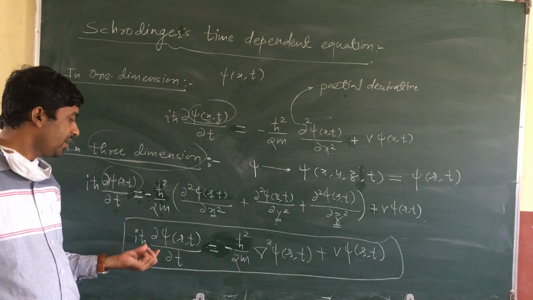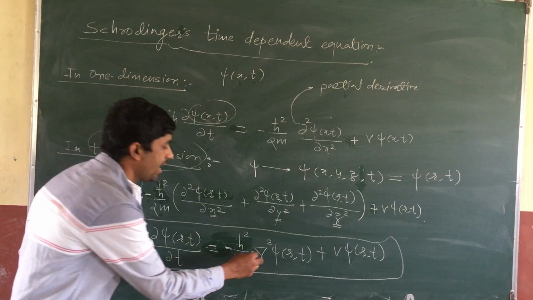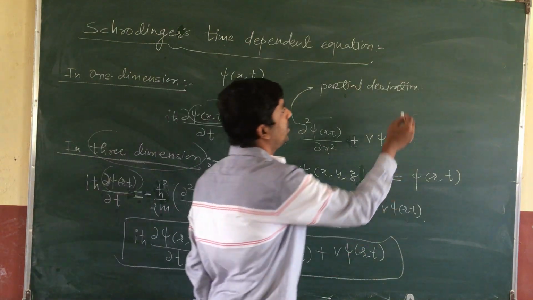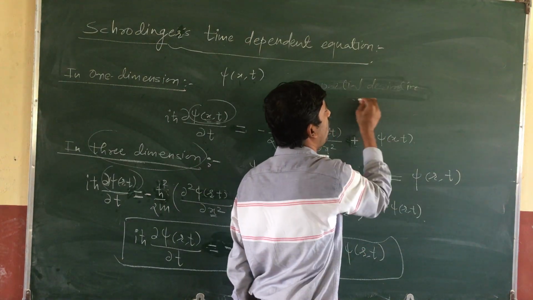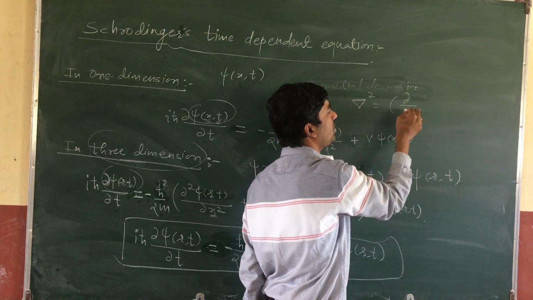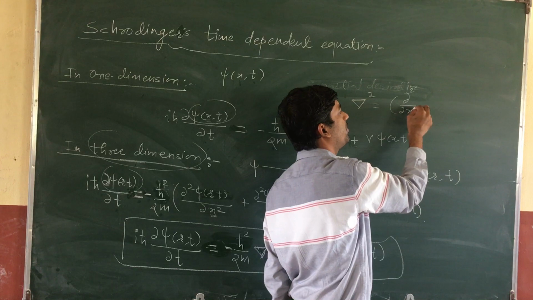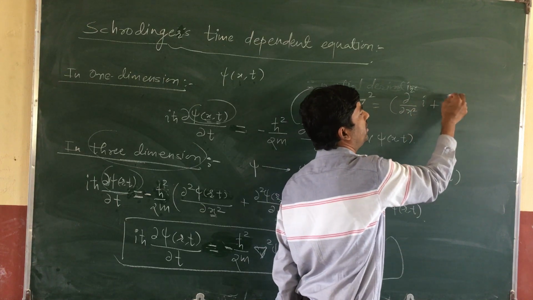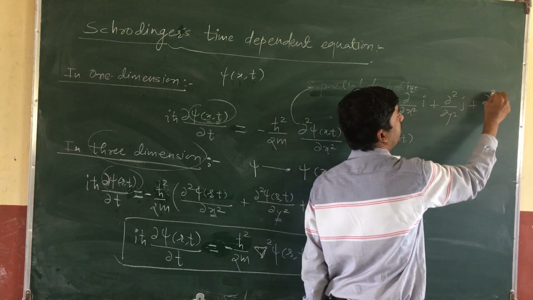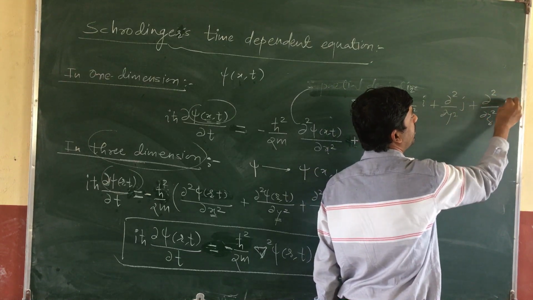In that equation, I can substitute del square. What is del square? Del square is your operator: ∂²/∂x² i cap plus ∂²/∂y² j cap plus ∂²/∂z² k cap.